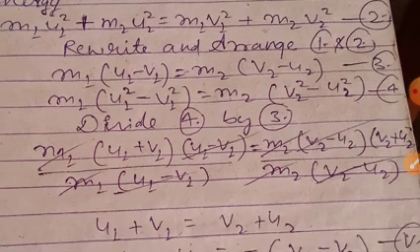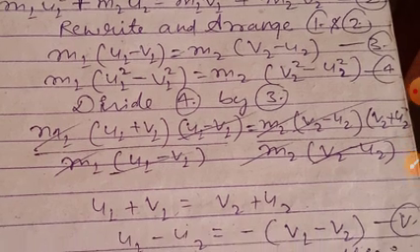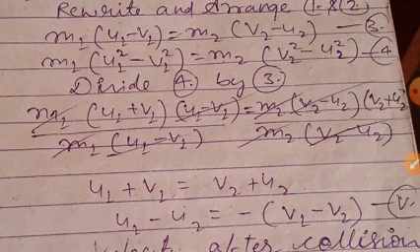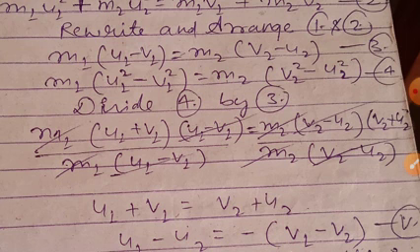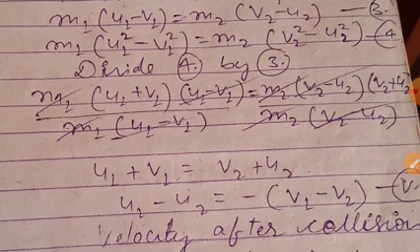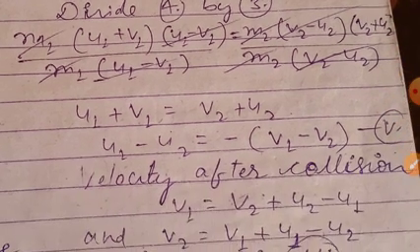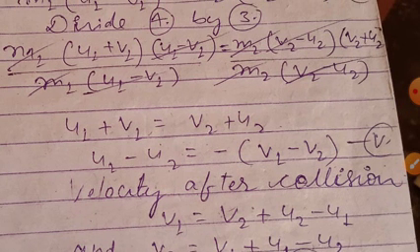Now dividing the fourth equation by the third equation, as we know the identity a square minus b square is equal to (a plus b)(a minus b), we get u1 plus v1 is equal to v2 plus u2.